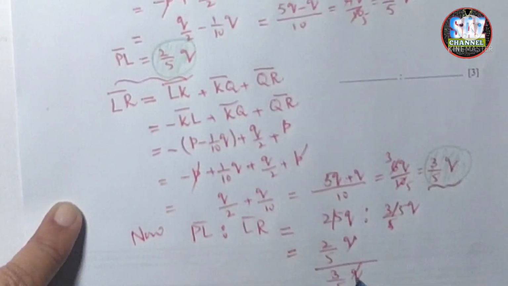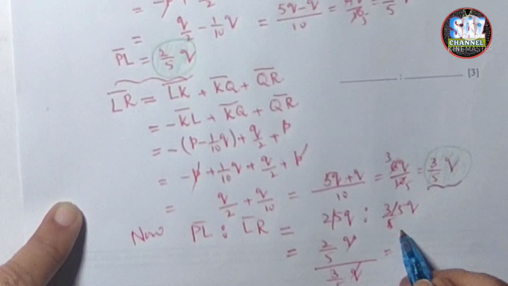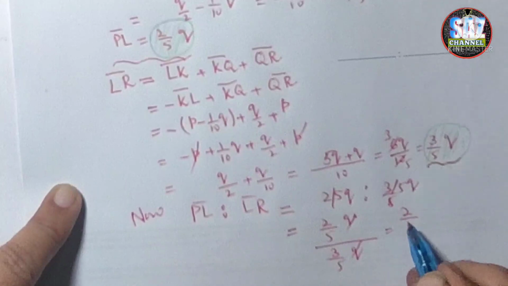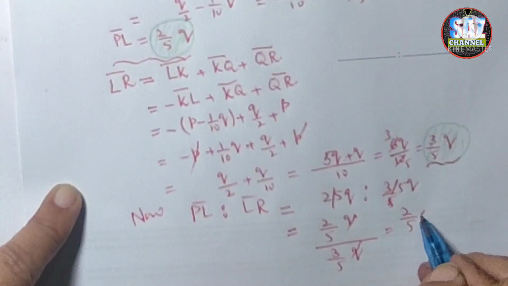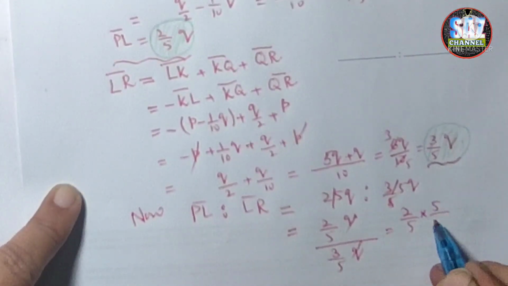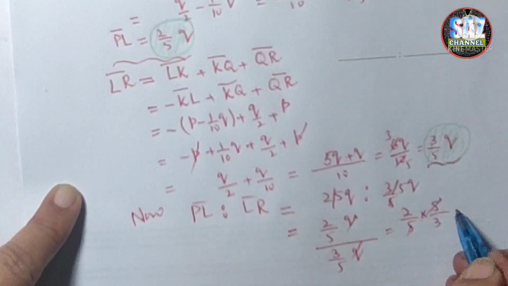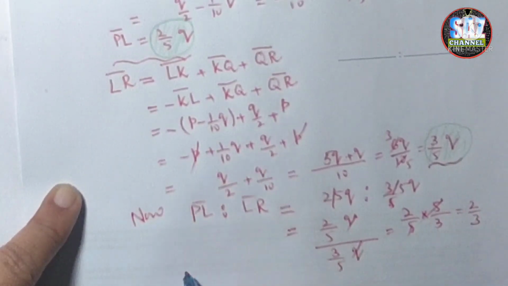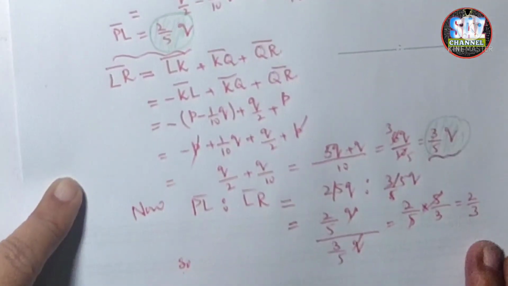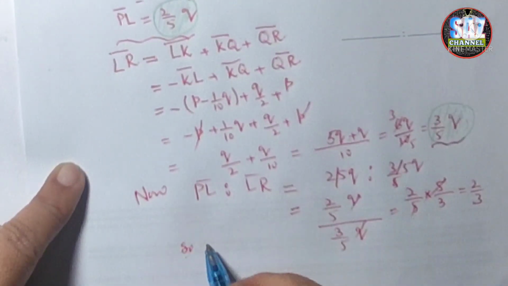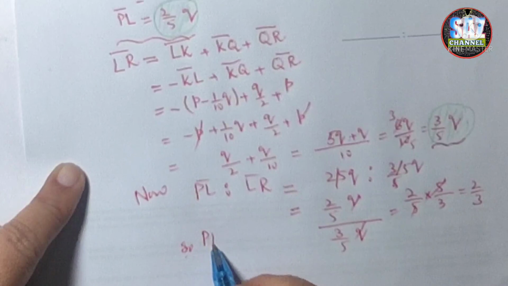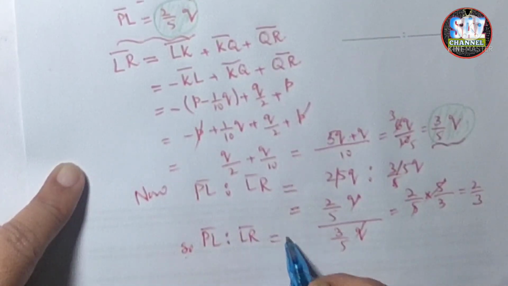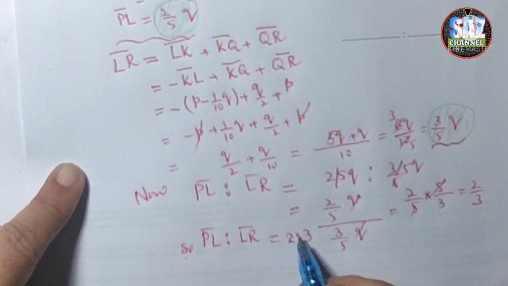Q goes with Q, and I am left with 2 by 5 divided by 3 by 5, or taking the reciprocal, 2 by 5 times 5 by 3, which is 2 by 3. As we need to find the ratio, PL ratio LR equals 2 ratio 3.